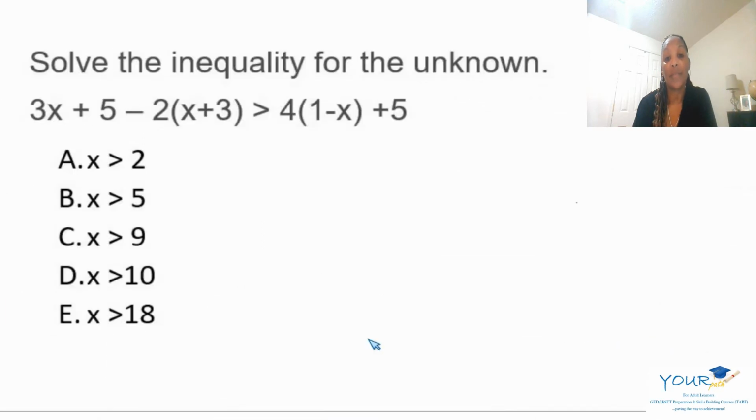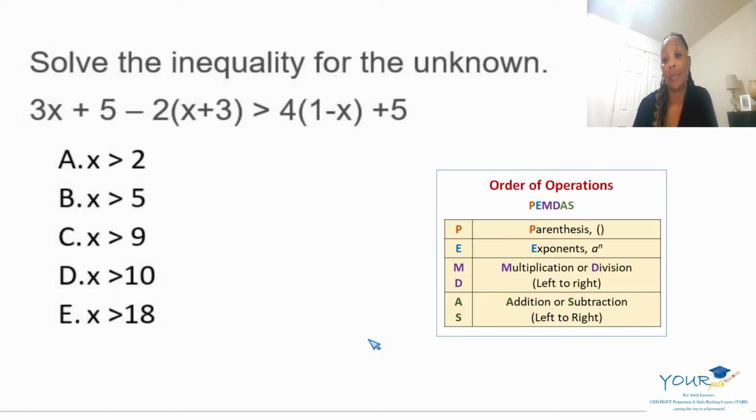Now in order to solve this inequality, you will be required to carry out a number of steps, and as such, you're going to have to utilize the order of operations. When we talk about the order of operations, remember you want to start with whatever is inside of your parentheses first.